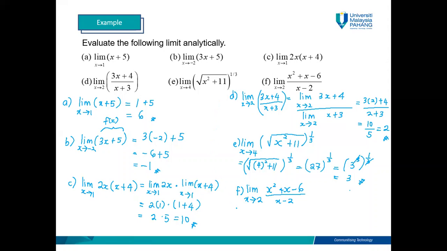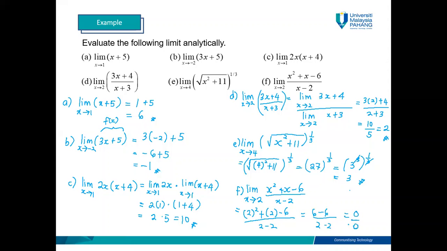So equal to, okay, substitute 2 square plus 2 minus 6 over 2 minus 2. Okay, so 2 minus 2. Okay, this one 4 plus 2, 6 minus 6 over 2 minus 2.